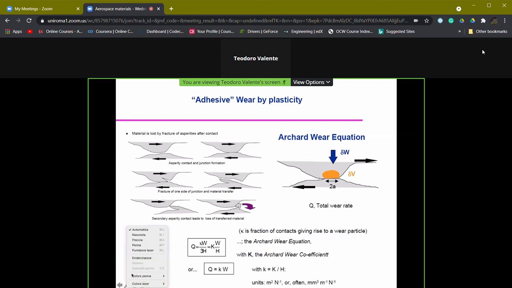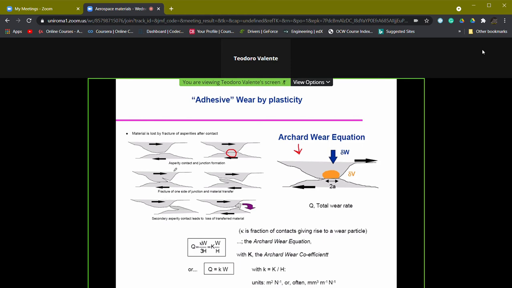But apart from this, when we have these two asperities in contact, what could happen is junction formation due to the high pressure values, and then a sort of micro welding between or among the asperities.